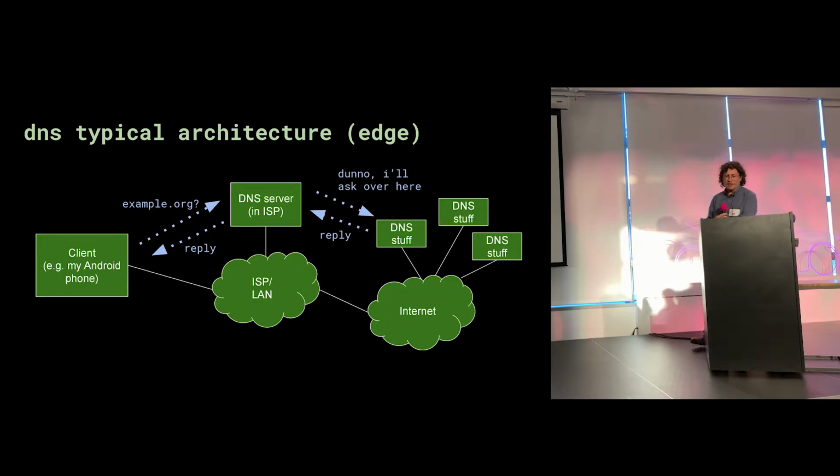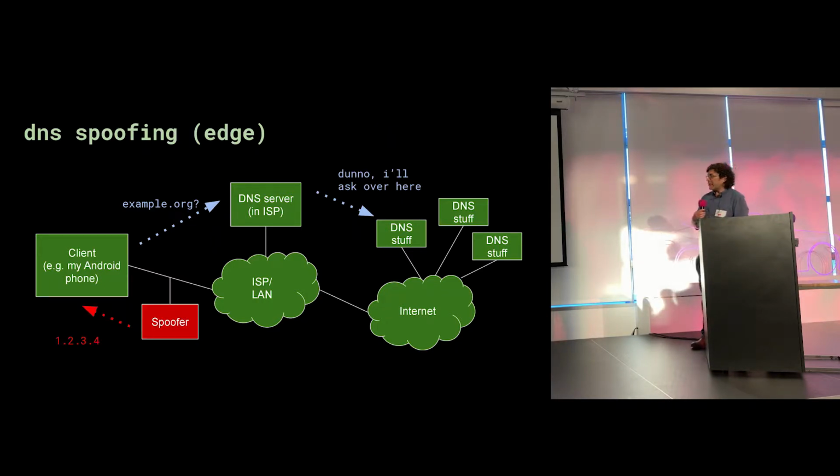So if we're talking about spoofing DNS, one thing I might want to do is put some sort of spoof platform on the edge of the network fairly close to my Android. That's monitoring all of the DNS requests coming out of the Android device. And when it sees something it wants to spoof, what it does is send a fake response back with a different address to what example.org looks like.